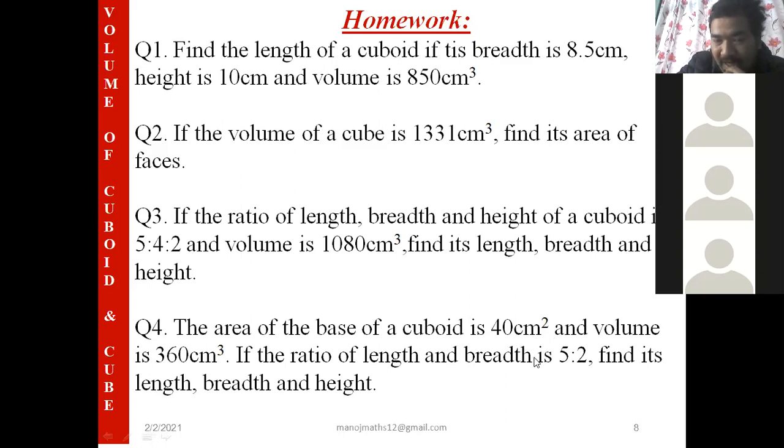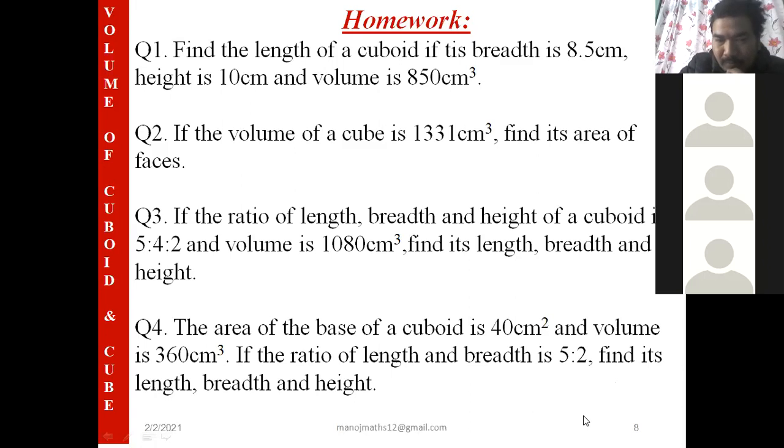So 10x square equals 40 centimeters square. Then x square is equal to 40 by 10, so x square equals 4. If x square equals 4, then x equals square root of 4. If you find the square root of 4, you will get the value of x.